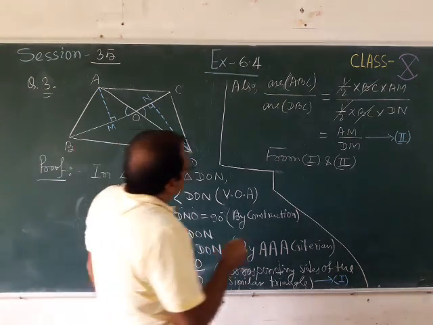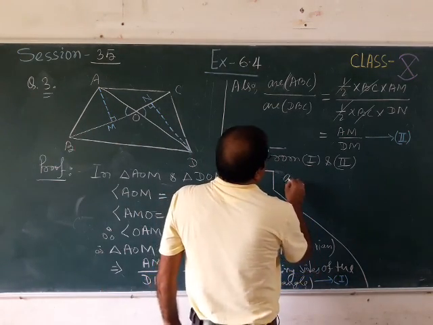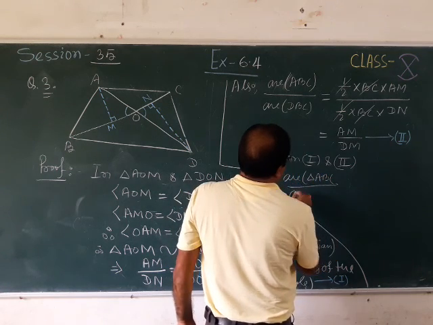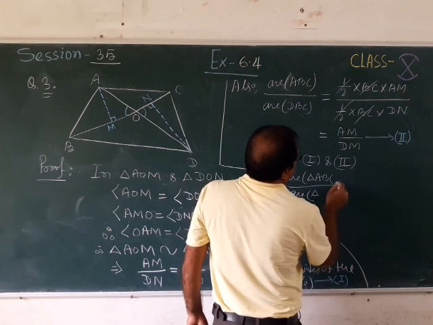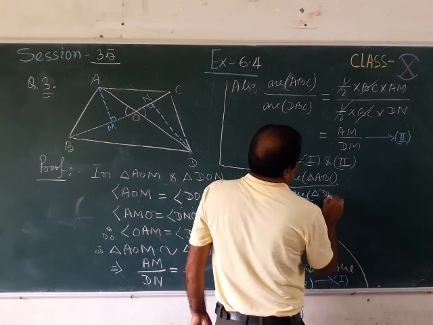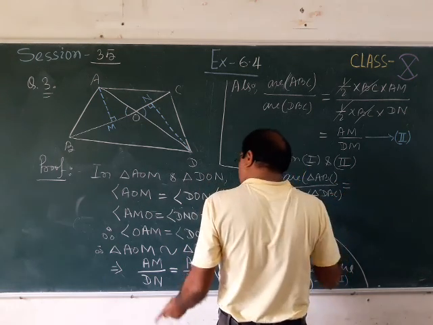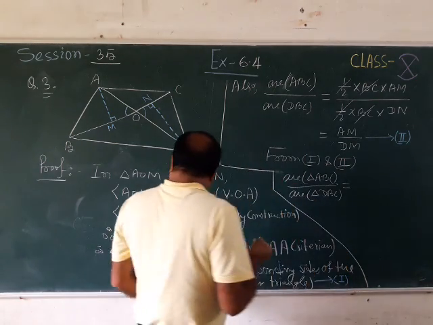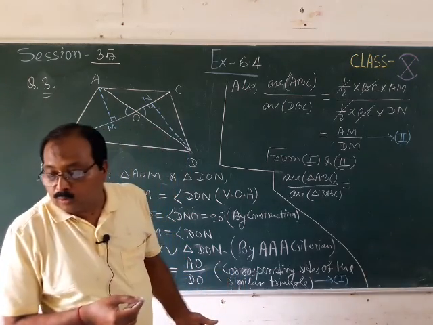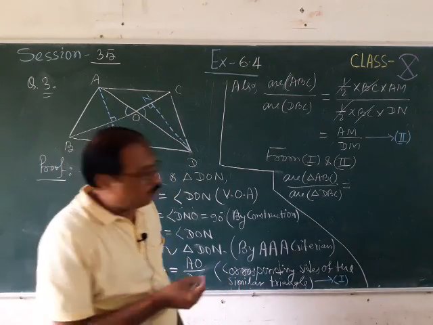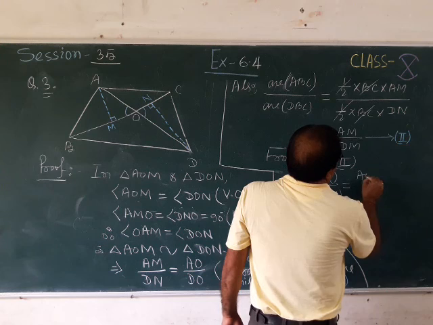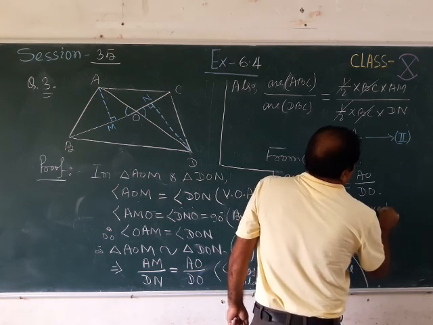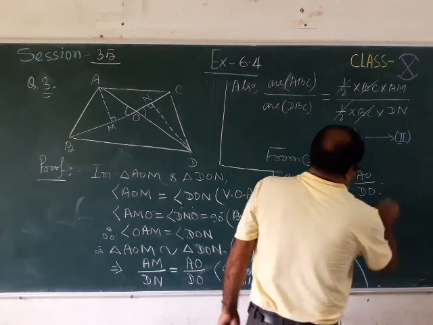I can write area of triangle ABC upon area of triangle DBC is equal to what we had to prove, AO upon DO. And that is proved. Okay, so it is proved.